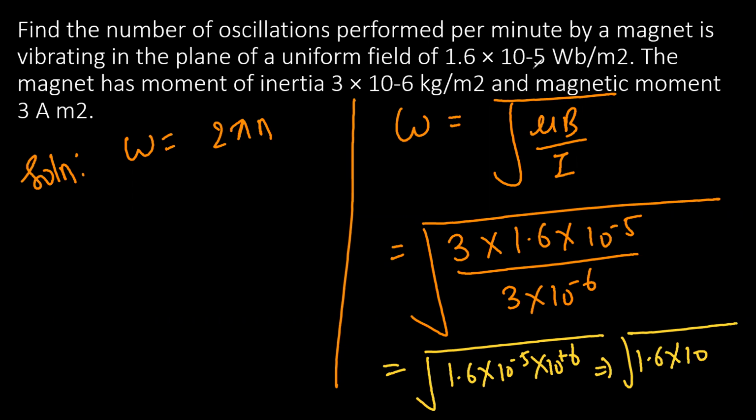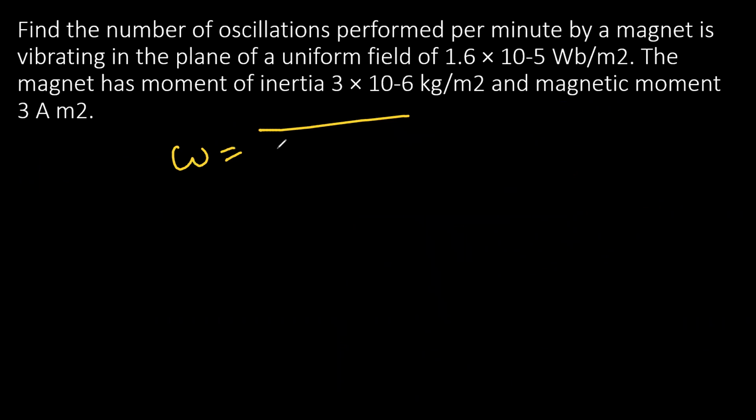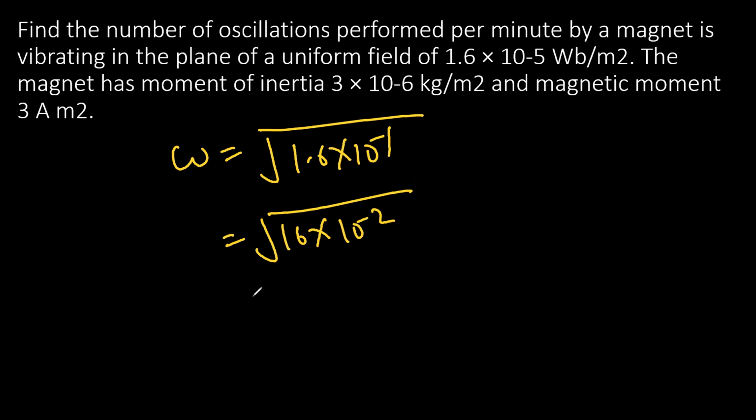Okay. So what is your omega? Omega is 1.6 into 10 raised to minus 1. Omega is 0.4. Am I correct? Let me check. This will become plus 1. No? This is plus 1.